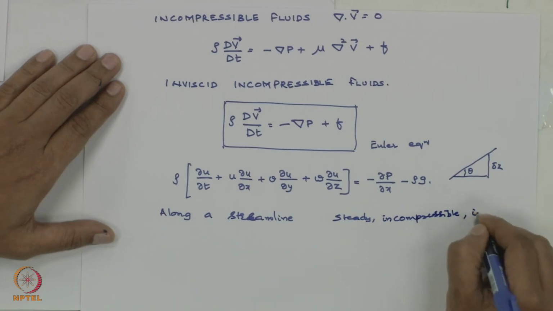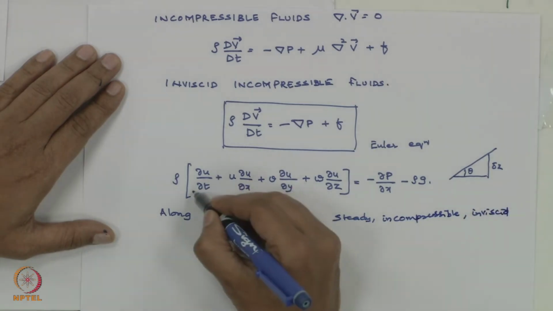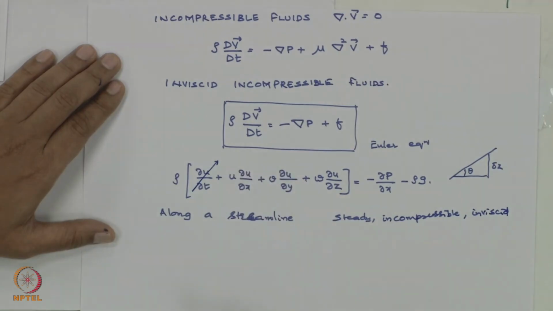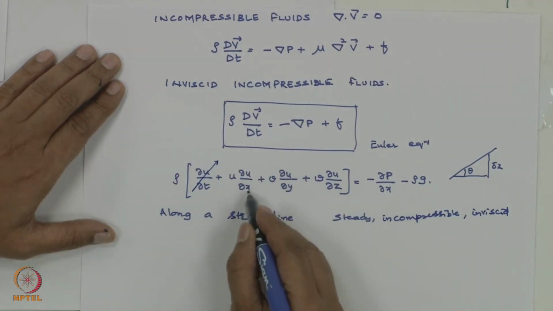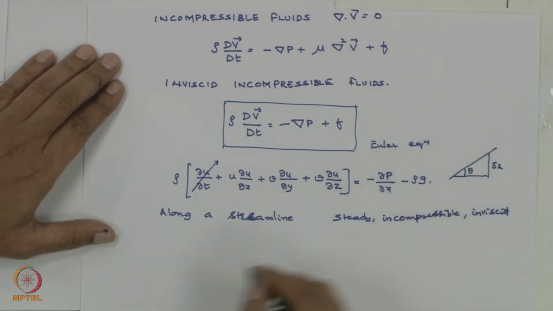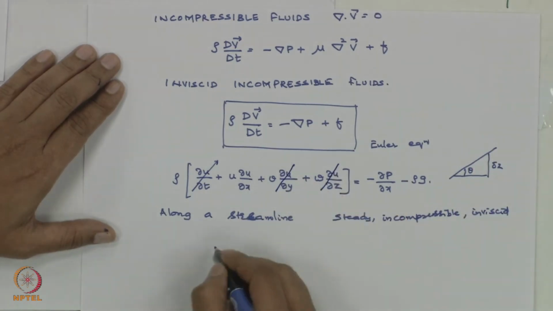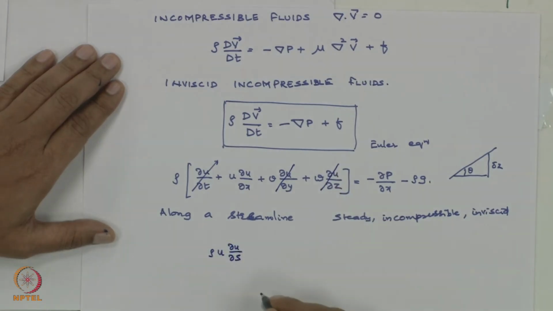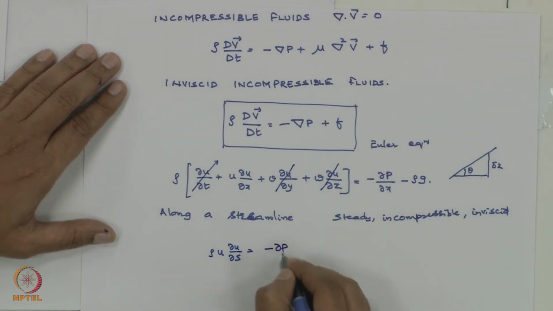Correct? Inviscid I have already taken, viscous terms I have already removed. Steady means del u by del t is going to go away. Along a streamline means if I take s, s is the direction of the streamline, so this term will vanish, this term will vanish. I will be ending up with rho u del u by del s is equal to minus del p by del s, that is along a streamline.